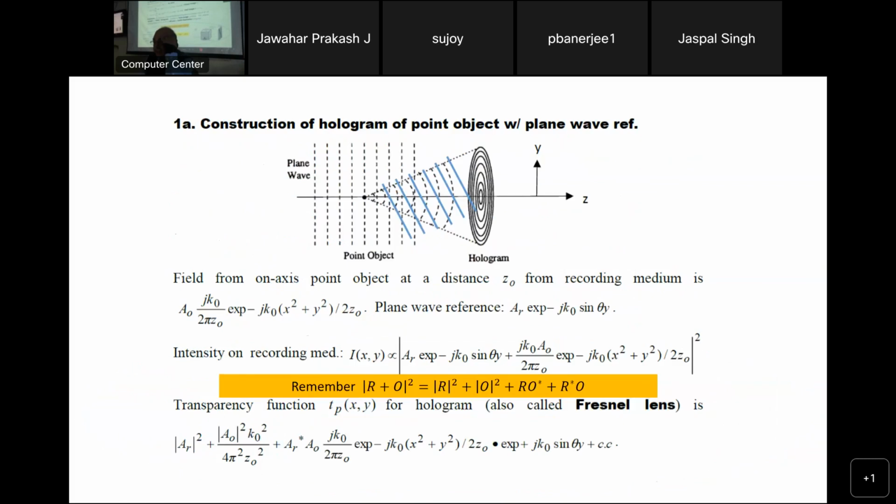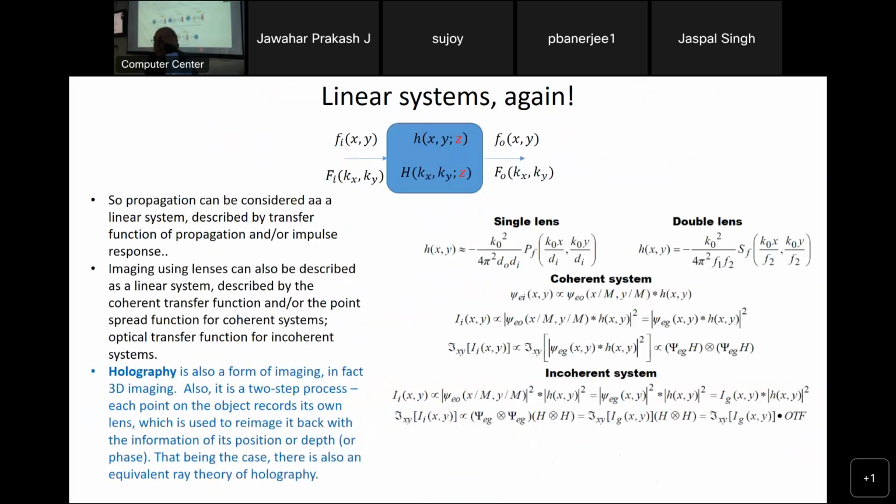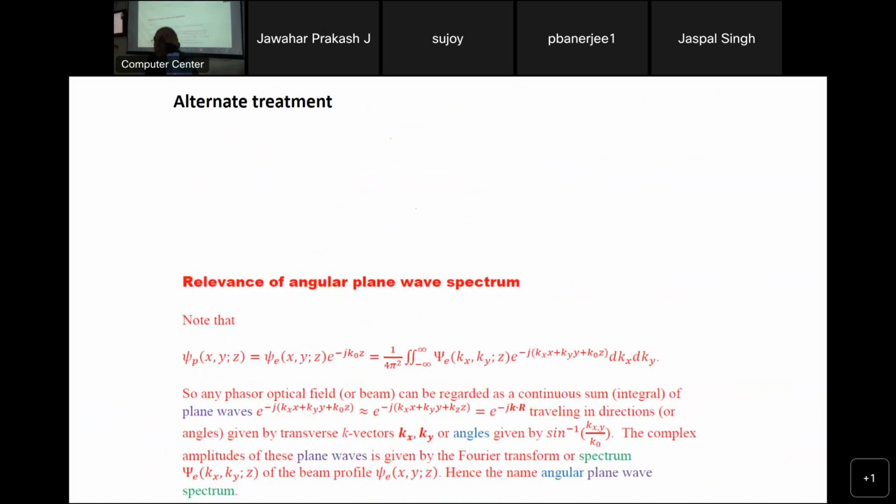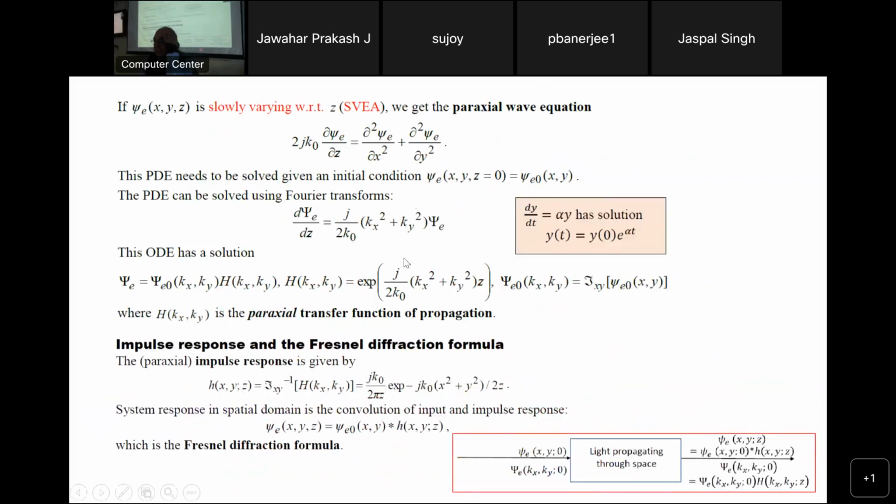And again, the reason for that comes from the impulse response for propagation. In my case, the impulse response for propagation, remember, was this one. This impulse response has the minus jk times x squared plus y squared. And impulse response means it is a wave coming out from a point, and a wave coming out from a point will be a diverging wave.